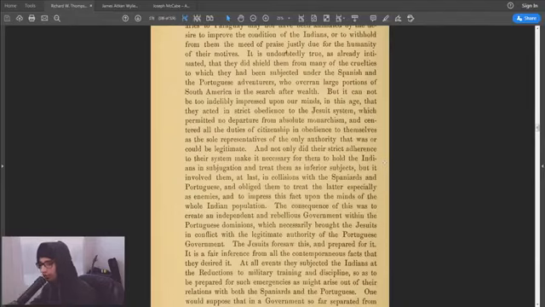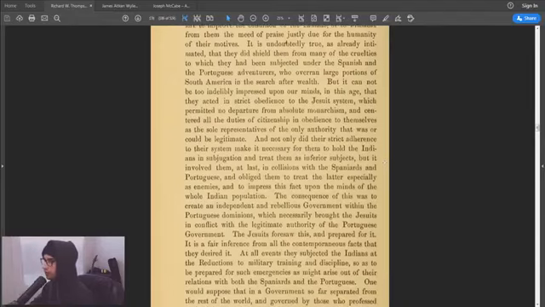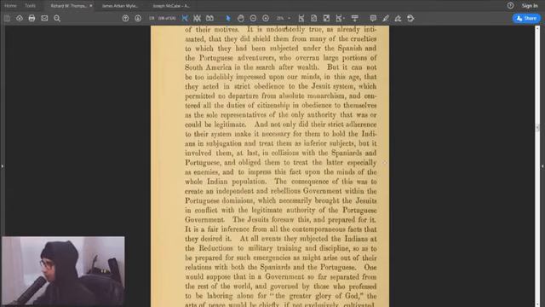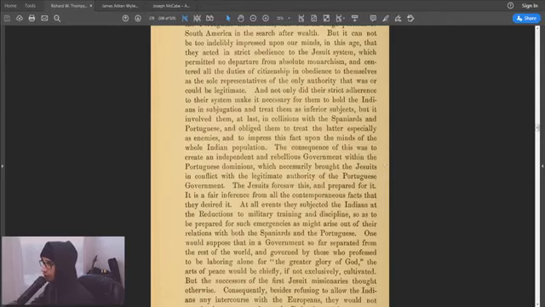They've made the whole youth militant. They're making them Jesuits. At all events, they subjected the Indians at the reductions to military training and discipline so as to be prepared for such emergencies as might arise out of their relations with both the Spaniards and the Portuguese.